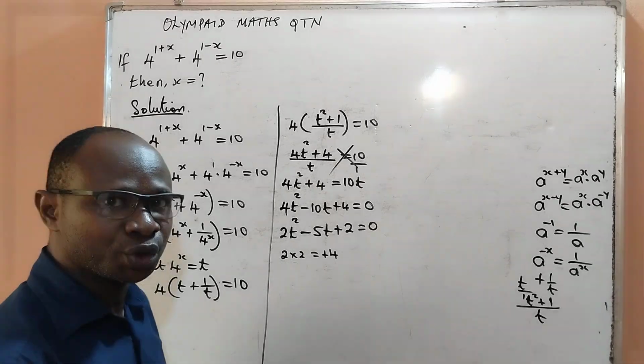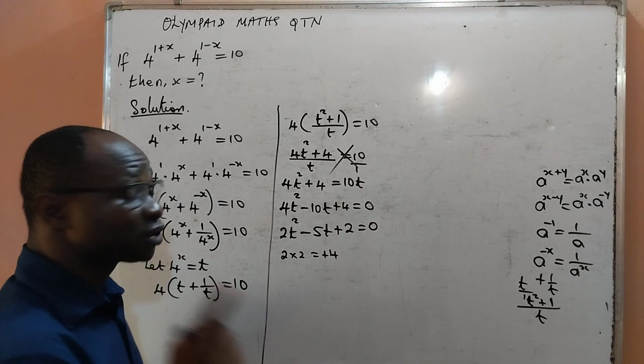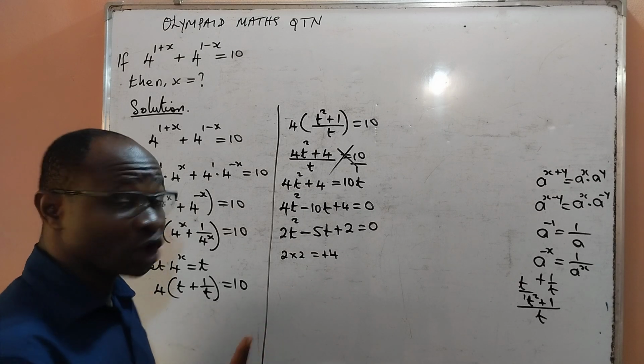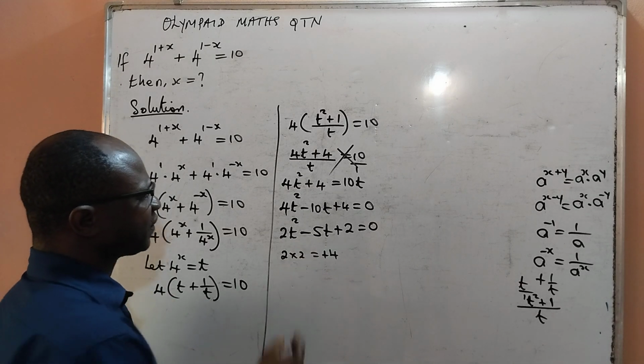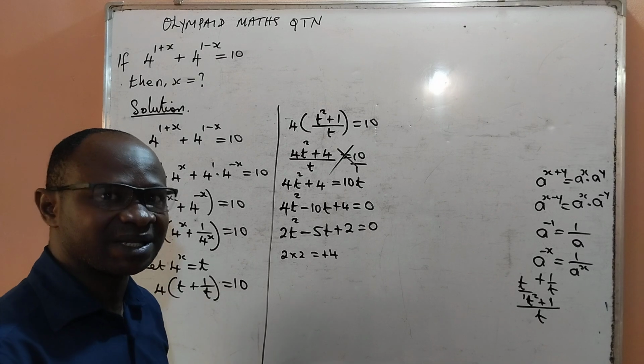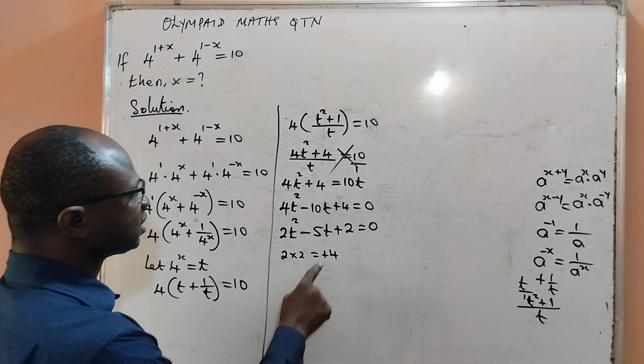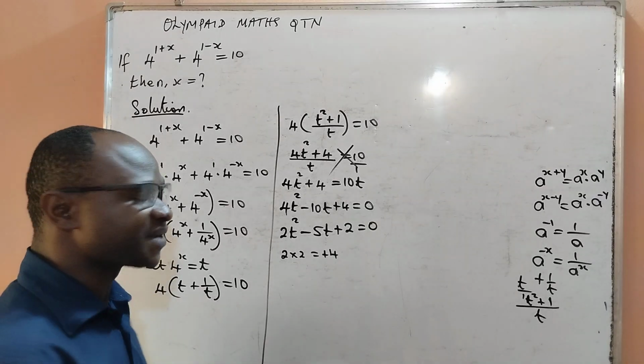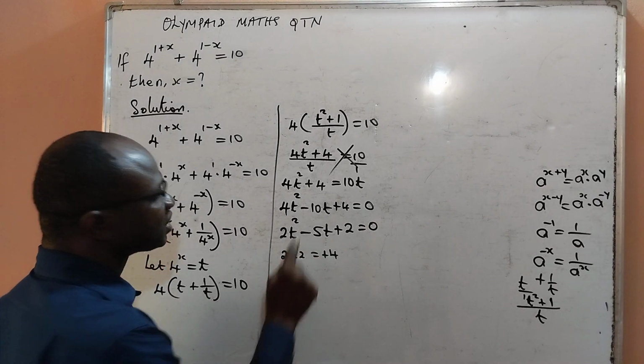Now, I will look for two numbers whose product will give me 4 and whose sum will give me negative 5. I want two numbers that I can multiply to get positive 4, and when I add those same two numbers, I get minus 5.